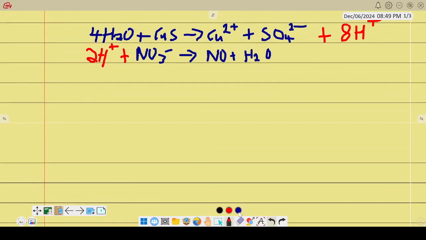So firstly, I'll write what we have written so far. So far we have four water molecules.